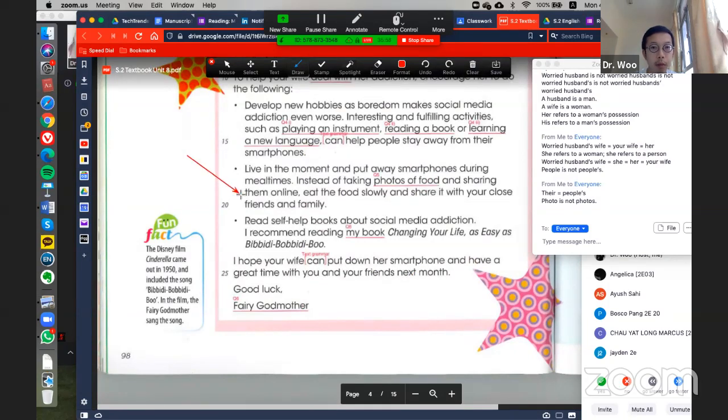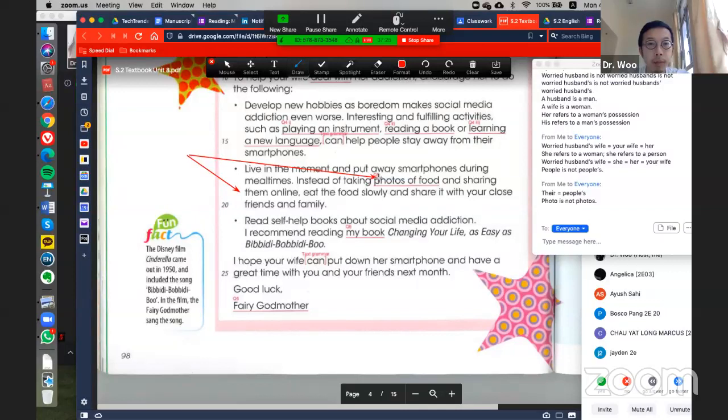Okay. So let's take a look at the information in the sentence to see if we can find the answer. Instead of taking photos of food and sharing them online.